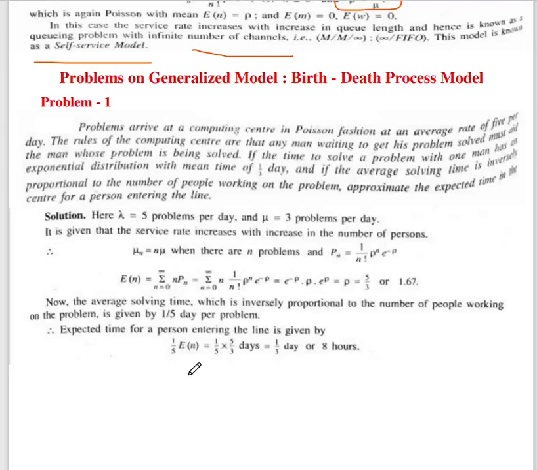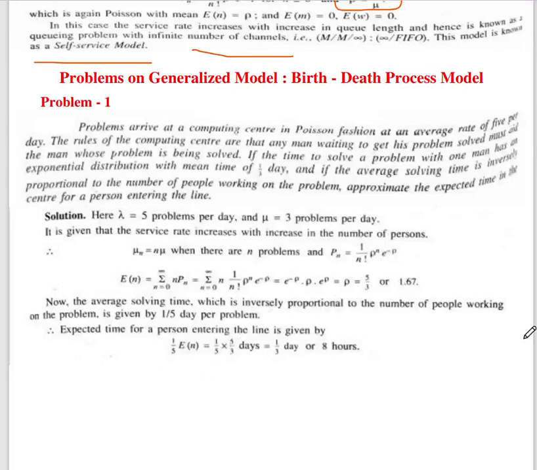Also mu is given as 1 by 3 day, that is mu equal to 3 problems per day. The service rate increases with the increase in the number of persons, therefore mu n equal to n mu. Here n is the number of problems, and Pn equal to 1 upon n factorial rho to the power n e raised to the power minus rho.